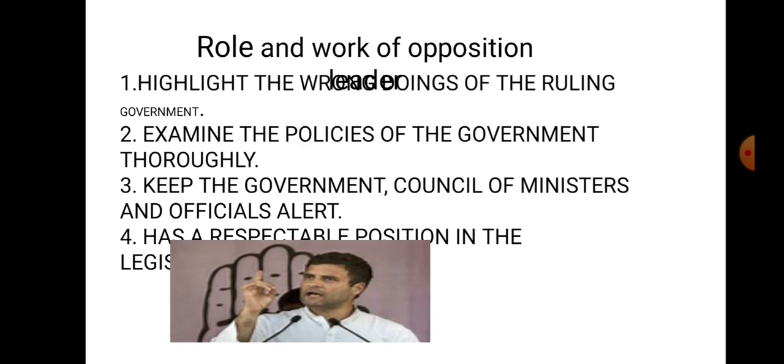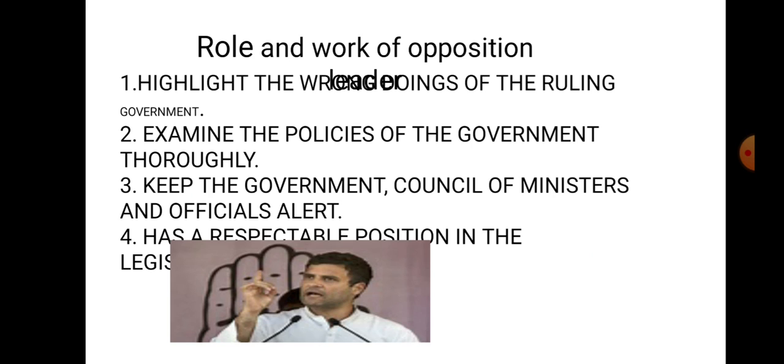The party which wins will become the ruling party, and the second highest will become the opposition party. The ruling party's leader will become the prime minister, whereas the second party will become the opposition party, and the leader of that opposition party will become the leader of the opposition.